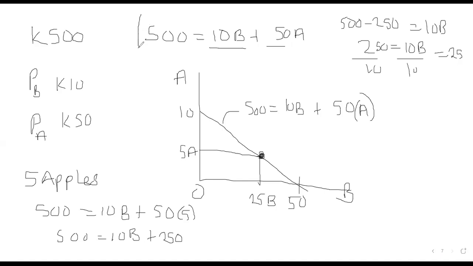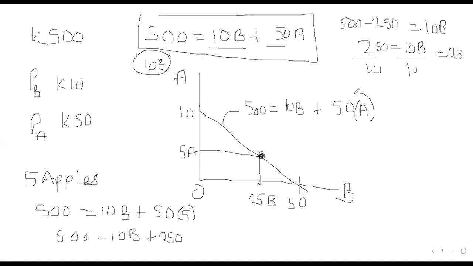So using this very equation, I can ask a question. Suppose instead Chanda consumes 10 bananas. How many apples can he consume? What we do, where there are bananas, we put 10.